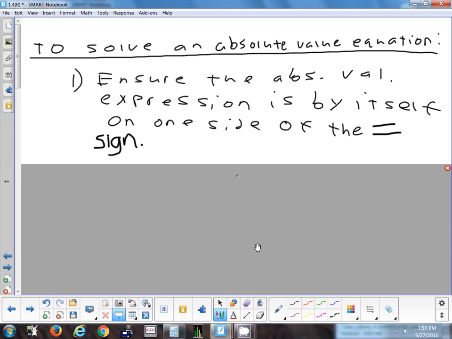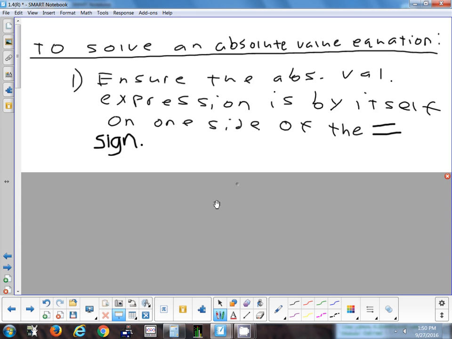So on one side of the equal sign, it's just going to be the bars and the stuff inside of it. There can be nothing else attached to it. It can't be the absolute value plus a number. You won't be able to solve it then. Then we're going to have to take some steps to get that absolute value by itself. Think of absolute value almost like one big X. It's like one big variable you want to get by itself before you can solve it.